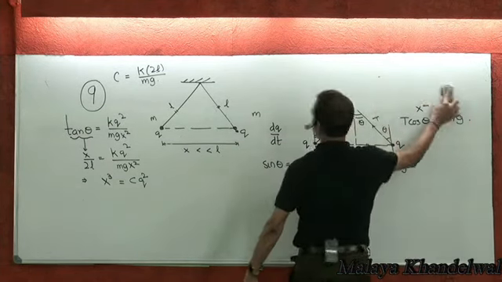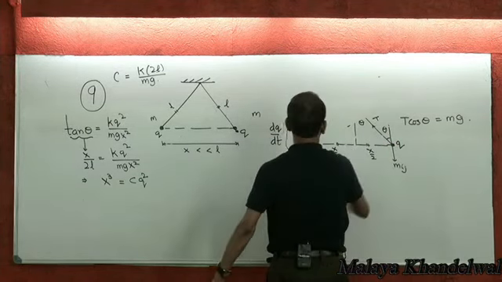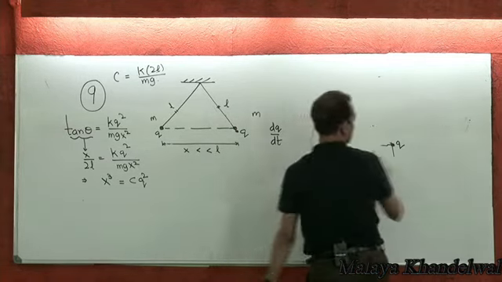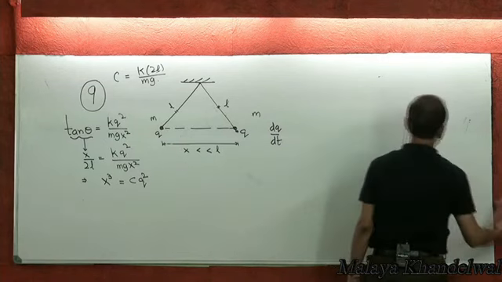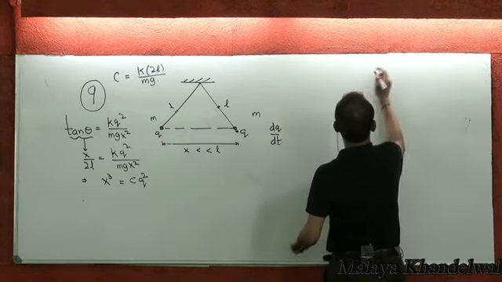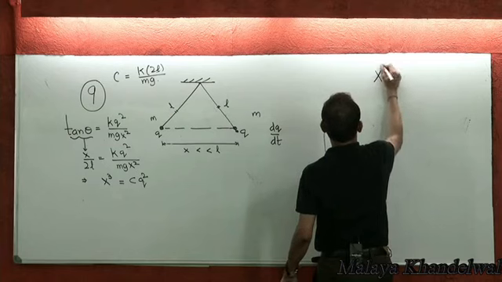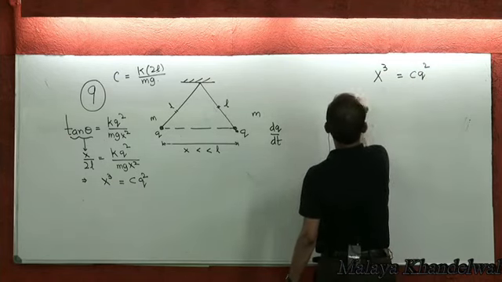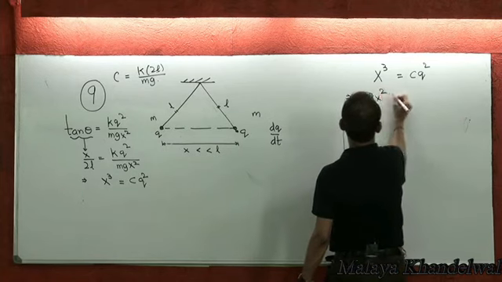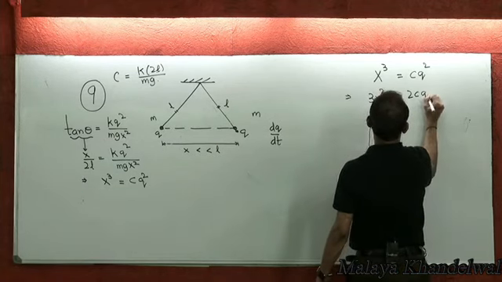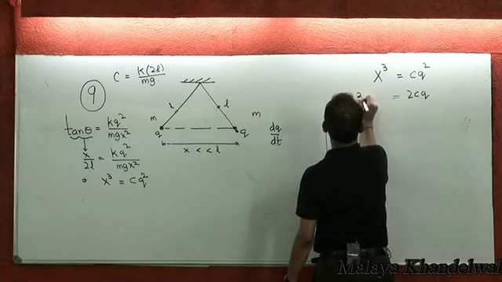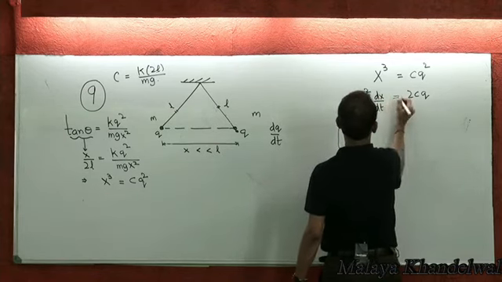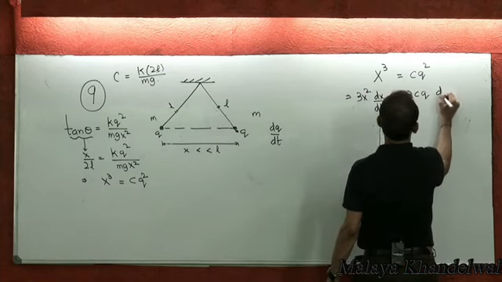So if I differentiate both sides with respect to time, x cubed is cq squared, c is known. Then 3x squared dx dt is 2cq dq dt.